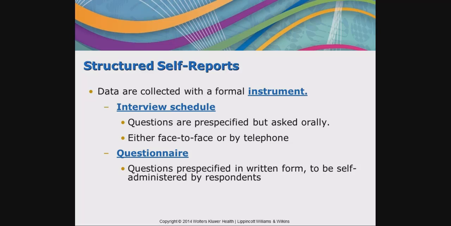There's a formal instrument. Can be interview or can be questionnaire, and again, questionnaire is the most common. And it's really for a good reason. Usually the questionnaires are pen and paper, but certainly now electronically is the way to go. I've used both of these myself. Love the electronic version because it's just more efficient.